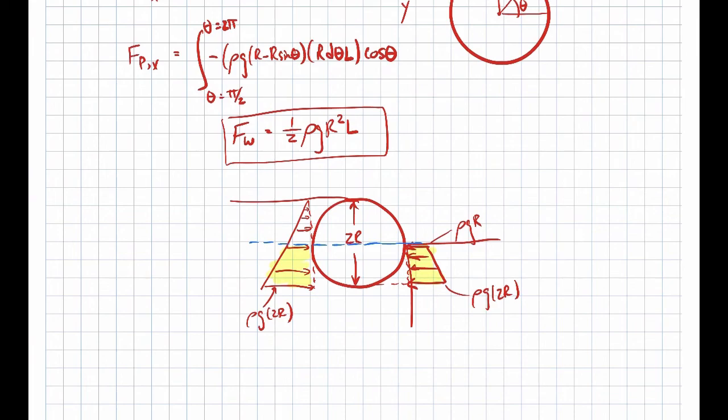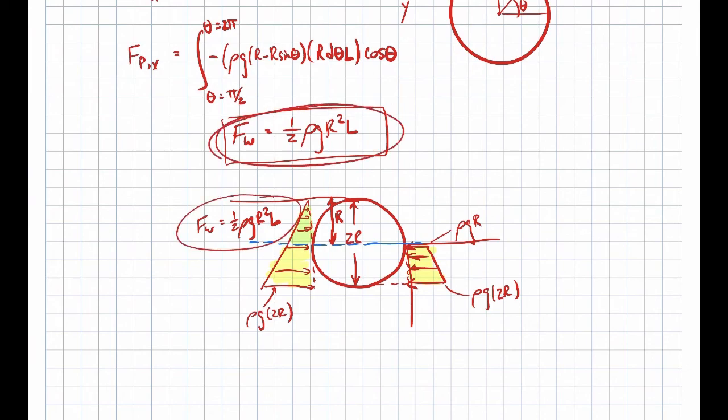Let me highlight it in light green. That's the only little bit that we have left. And that pressure force at the wall will be 1/2 rho g r squared times L, because this distance is just r. Hopefully that makes sense to you.